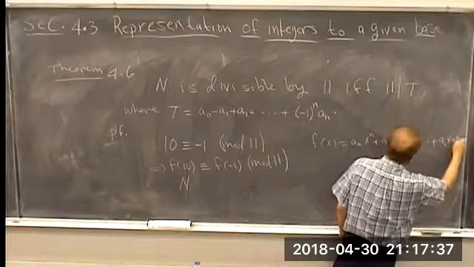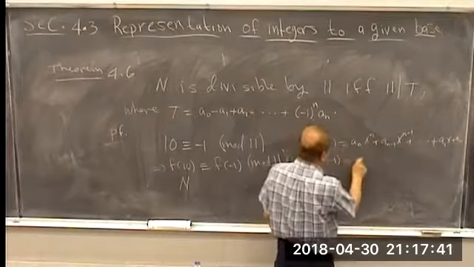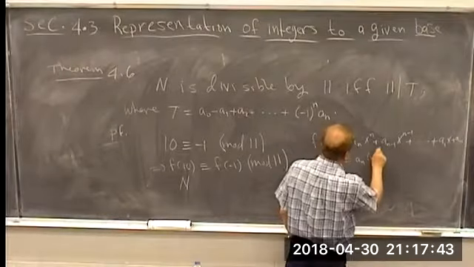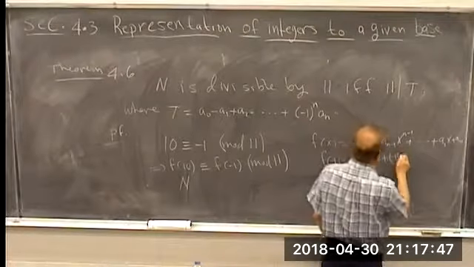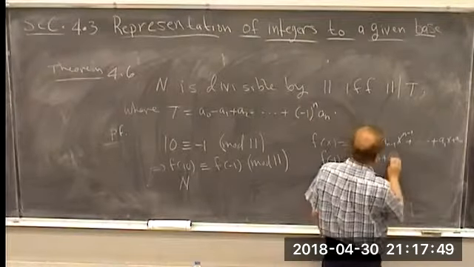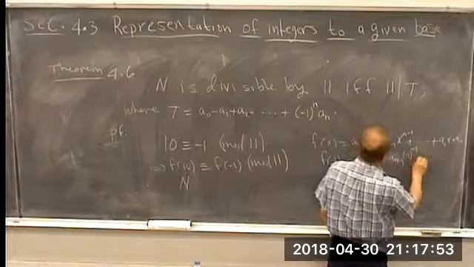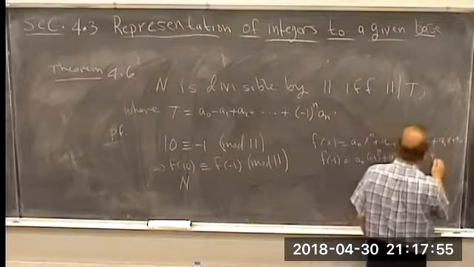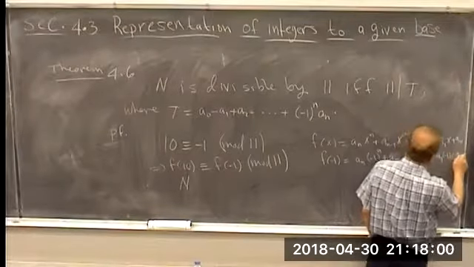plus a1 x plus a0. So if you put in f of -1, it's going to be a_n times (-1) to the n, plus a_(n-1) times (-1) to the n minus 1, and so on. And the last two are going to be a1 times -1 plus a sub 0.